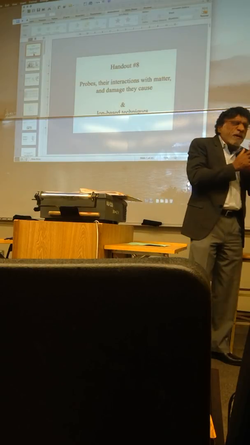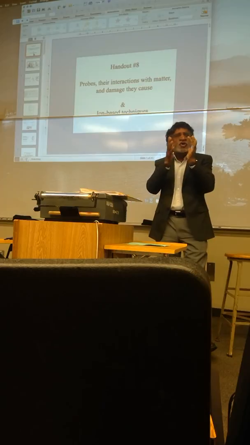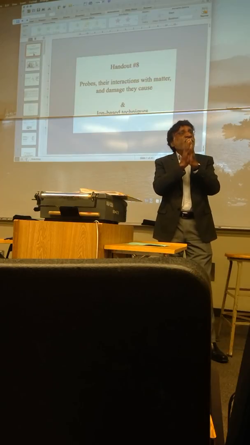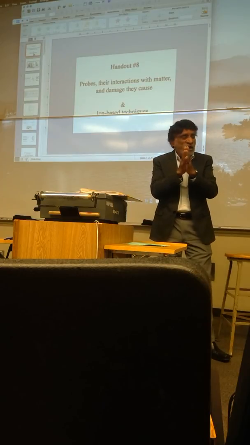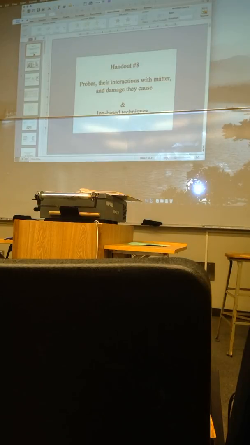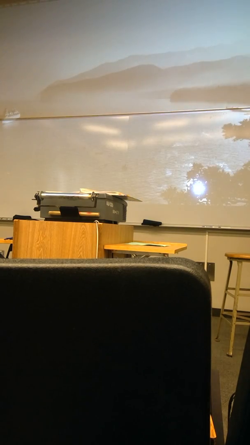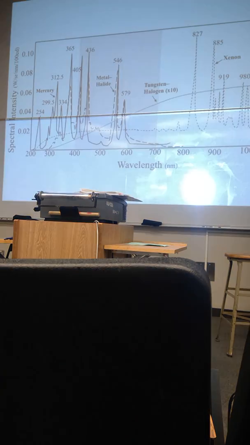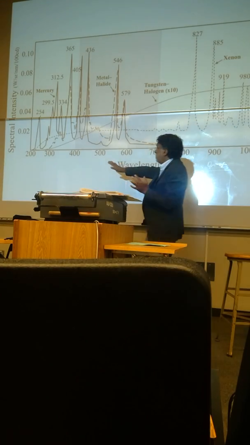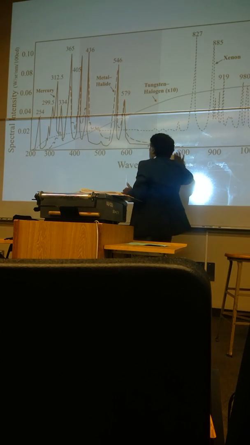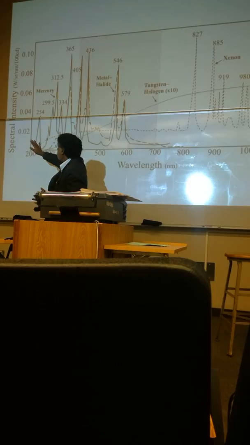So I'm not going to spend too much time, but you should have a general sense of the various light sources that we have. And here in the next slide, it shows you the various sources and the spectral attributes of the various sources. So here is the wavelength, and here is the spectral intensity.